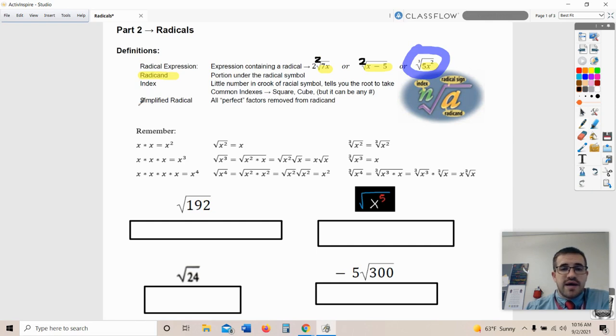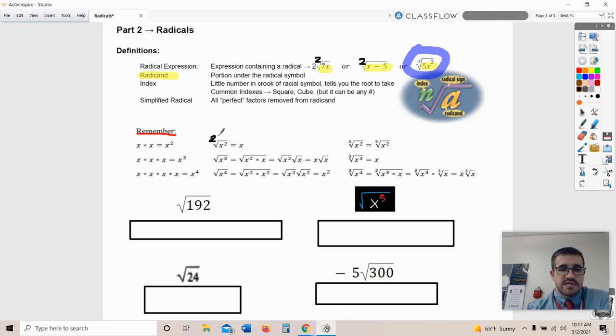And a simplified radical is all perfect factors removed from the radicand. So what you have here is, I want you to remember that x times x equals x squared. And that the square root of x squared is going to be x.